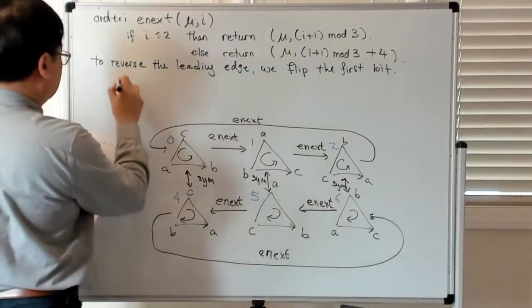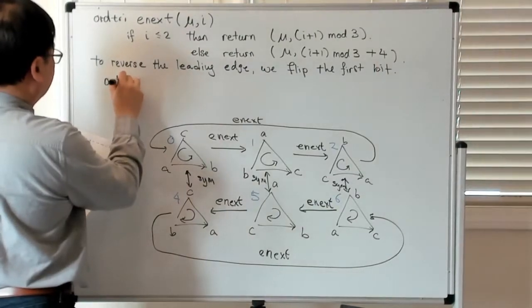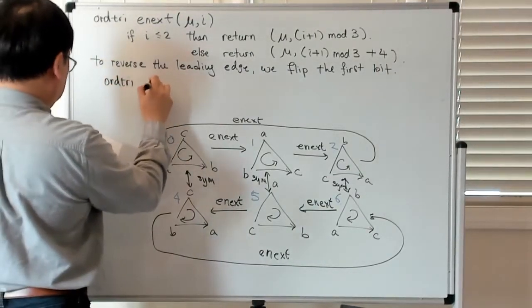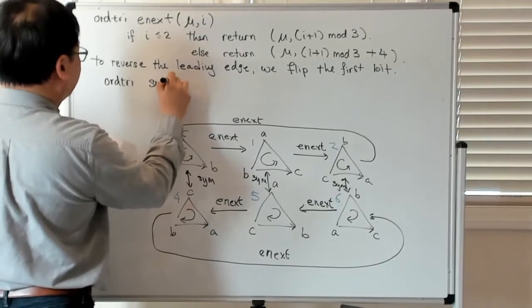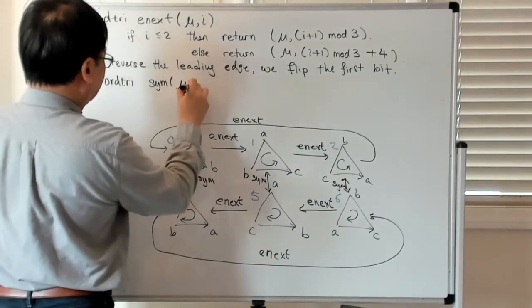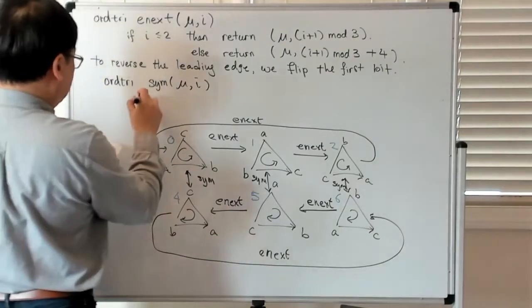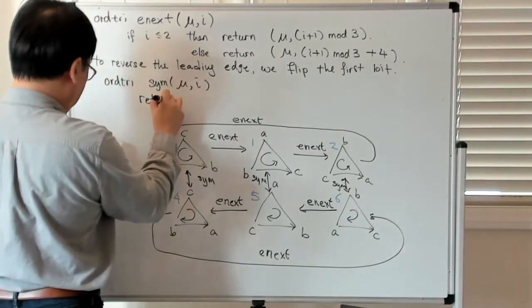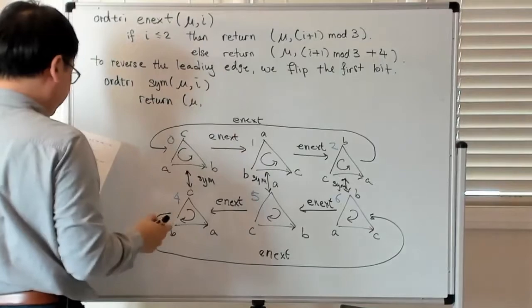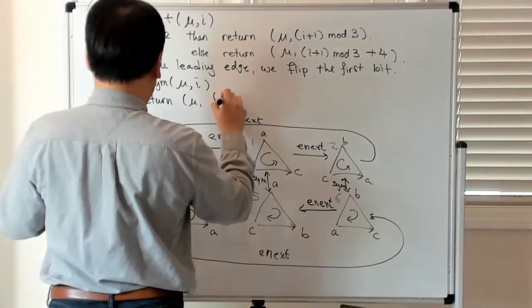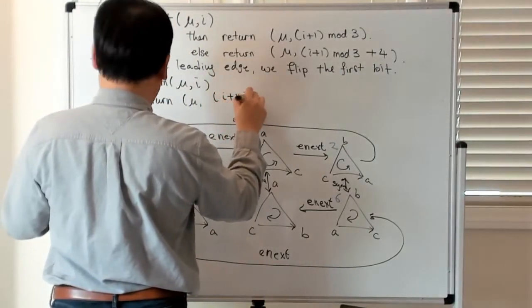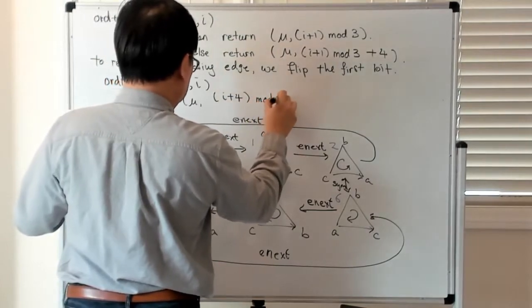This again outputs an ordered triangle. This is the sim operation applied to a triangle with a particular permutation, and you just return the same triangle but with a different permutation, which is I plus 4 mod 8.